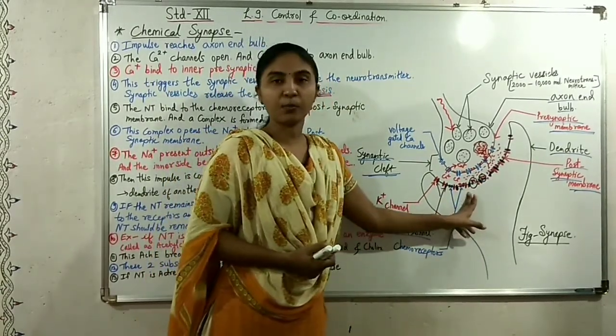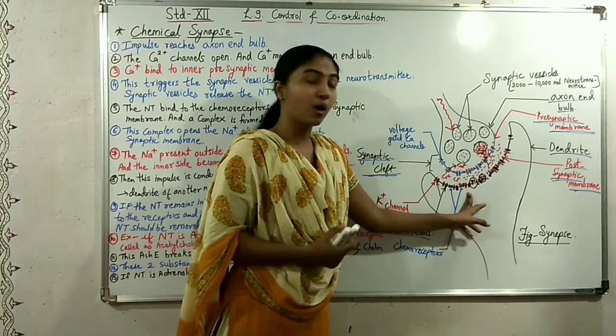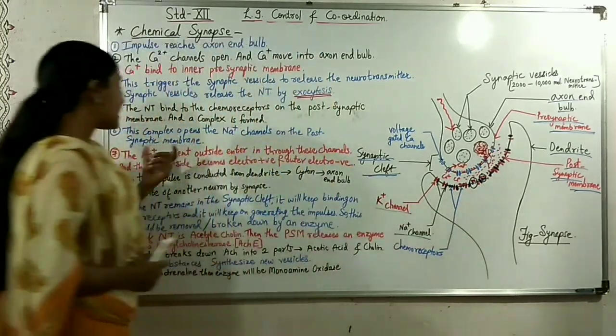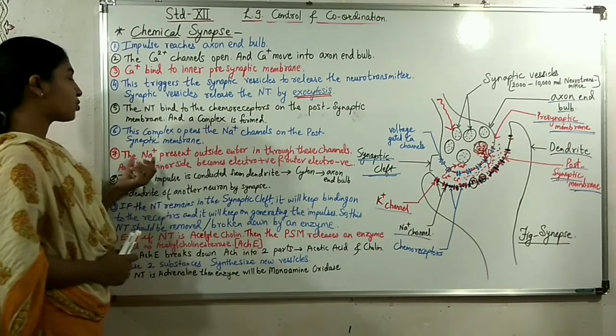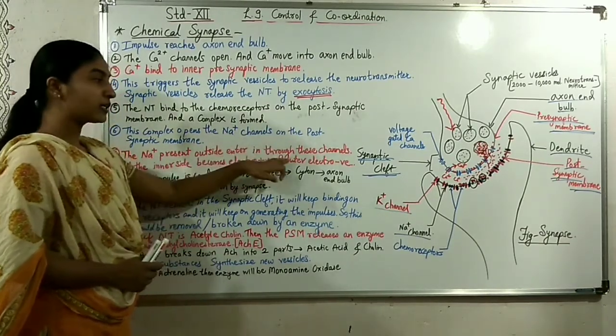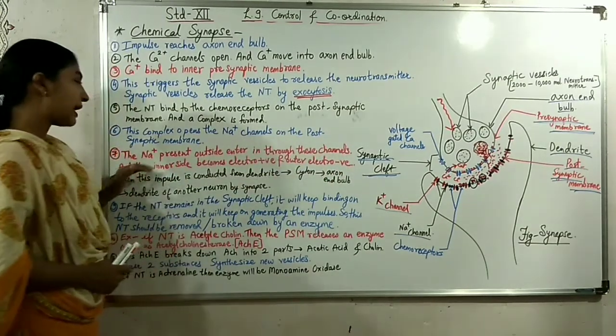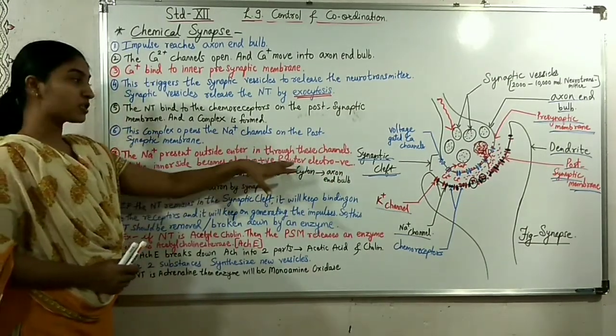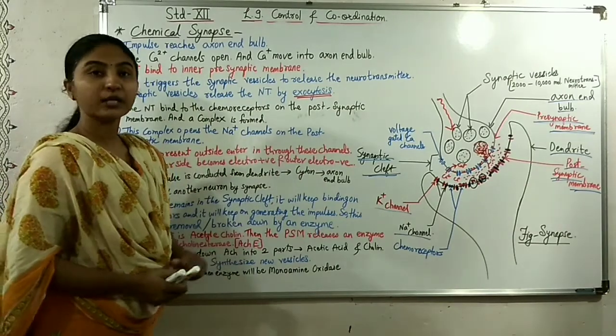Sodium channels get opened because of this complex. As the sodium channel opens, the sodium ions present outside enter through these channels, and the inner side becomes electropositive and the outer side becomes electronegative.